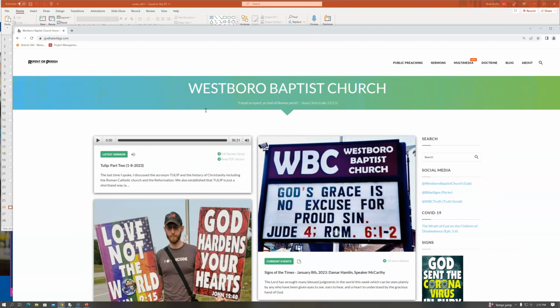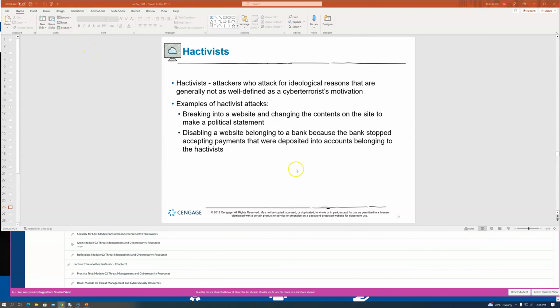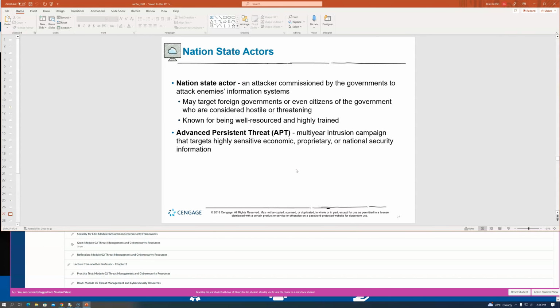So, do you think a group like this would be trying to stop votes for LGBTQIA plus rights? Yeah. All right. So, this is an idea of a group that's a hacktivist. There's all kinds of other ones, but this one is relatively local to us, so I think it's kind of interesting to take a look at it.